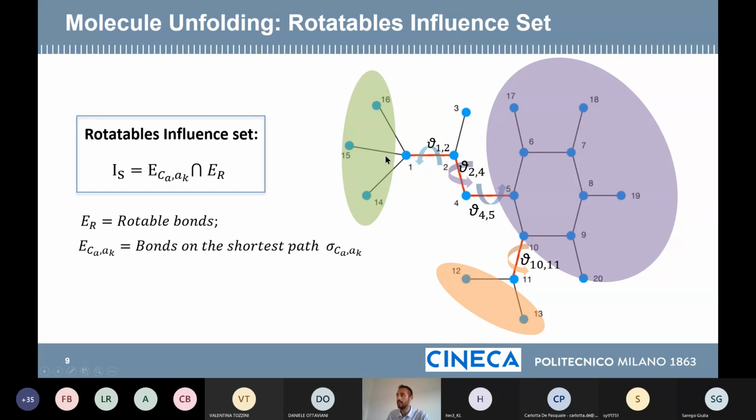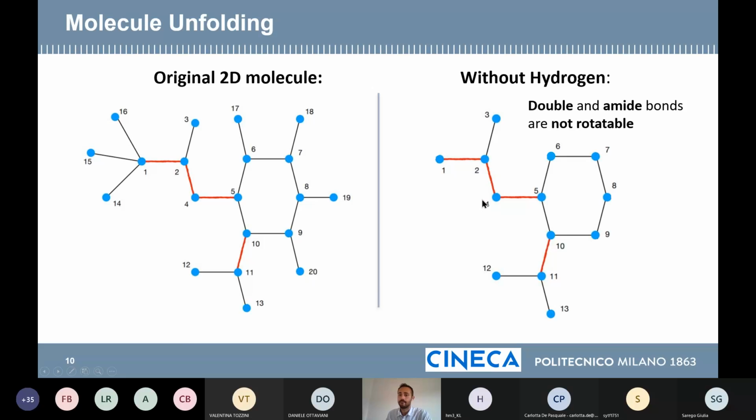Of course, the more rotatable bonds you have in the shortest path, the more complex the rotation is. Yeah, it's actually in 3D.